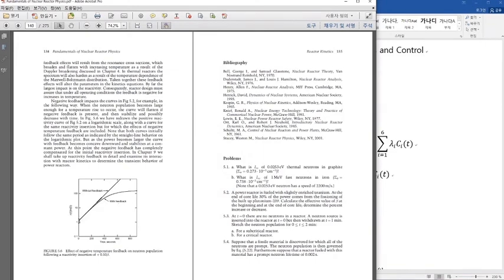And with that, zero power, without feedback, is the case of zero power kinetics.